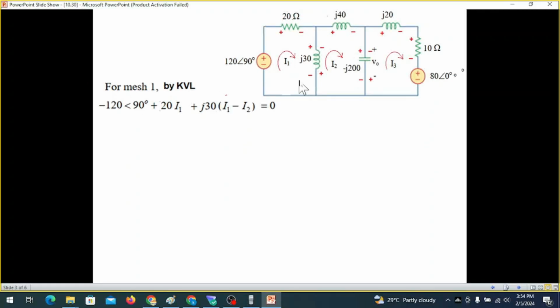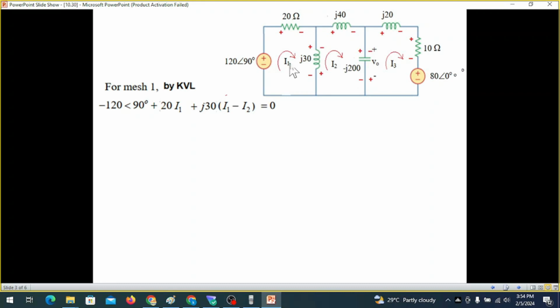So for mesh 1, we start from any one corner. I start from here, negative sign, so we put negative, and this value 120∠90. Then we come here, positive sign, 20 into I1. And we come here, positive sign, j30 times I1, but this current is going opposite. I1 is coming from top to bottom, I2 is going from bottom to top.